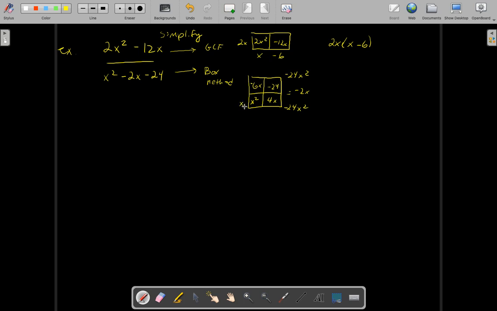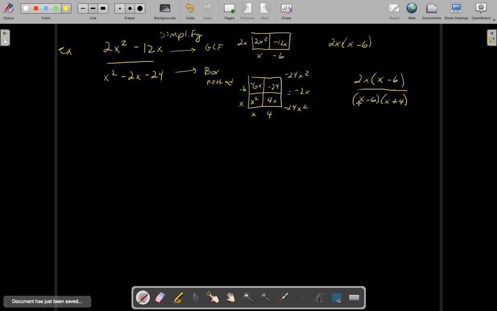Then do the outside: x, negative 6, 4. So if I put all this back together, I have 2x, x minus 6 over x minus 6, x plus 4.